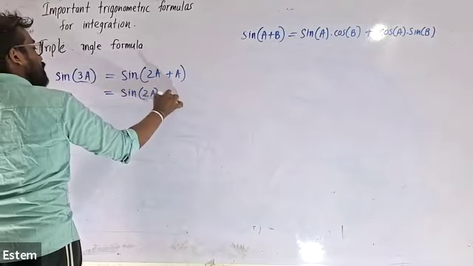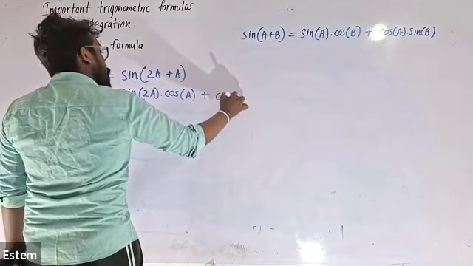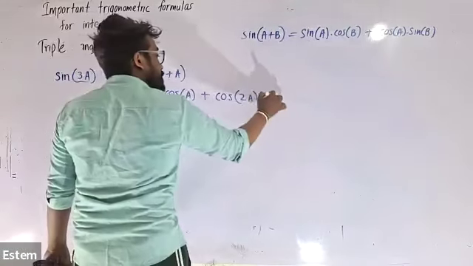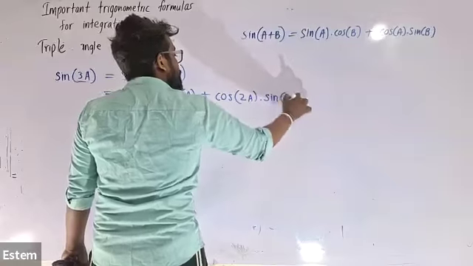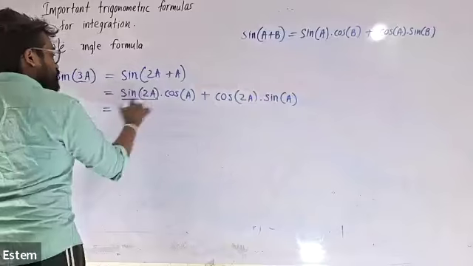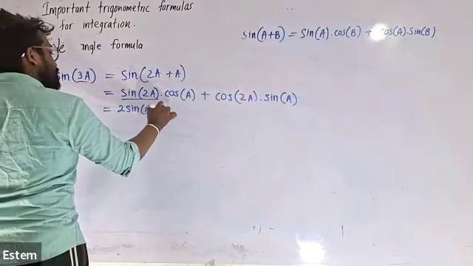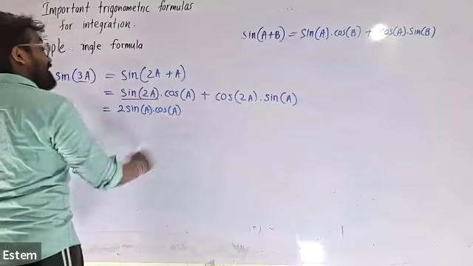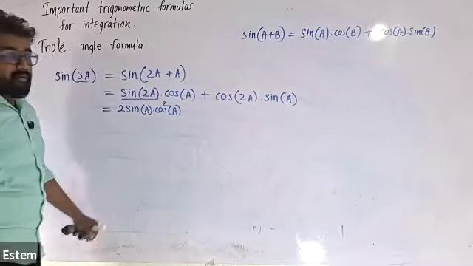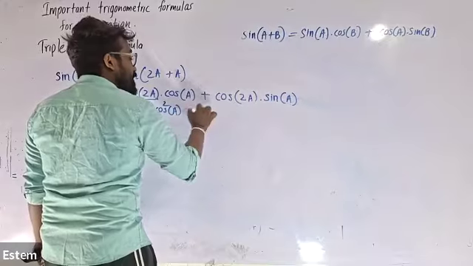Sin 2a cos a plus cos 2a sin a. And I will apply for this 2 sin a cos a, and there is another cos a here. So it becomes 2 sin a cos squared a plus cos 2a sin a. How do we write cos 2a?